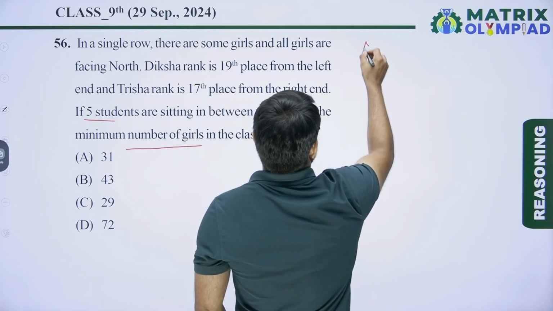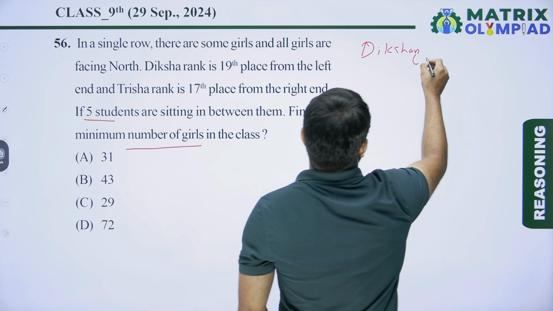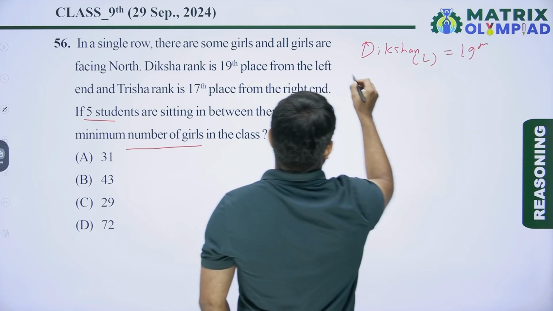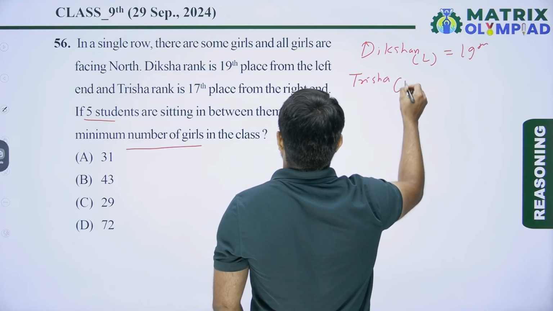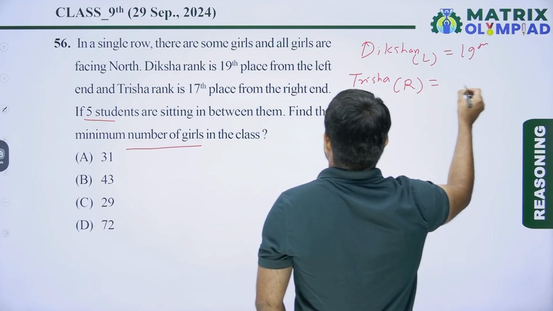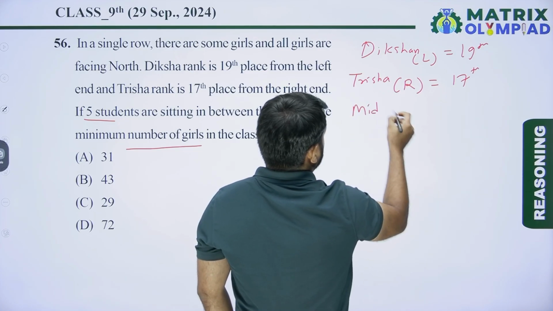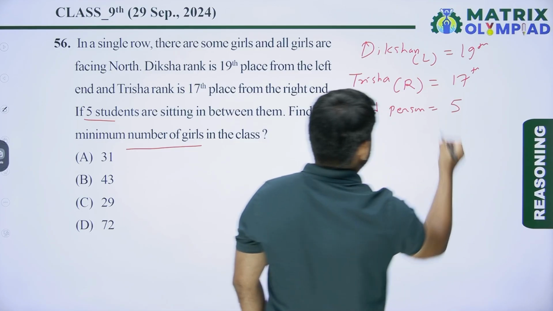So Diksha's rank from the left is 19th and Trisha's rank from the right is 17th. Number of mid persons is equal to 5.